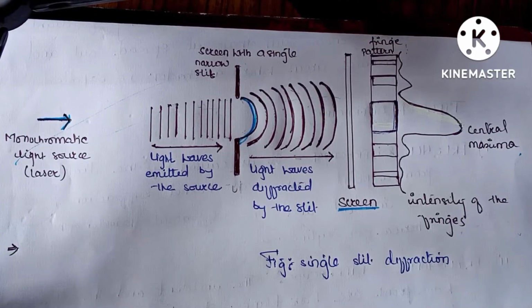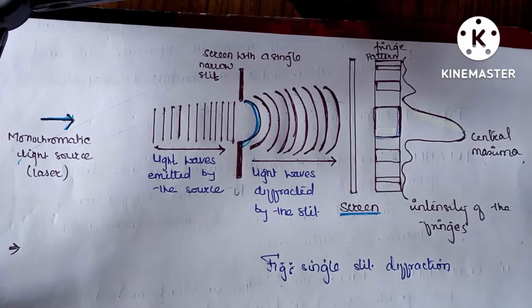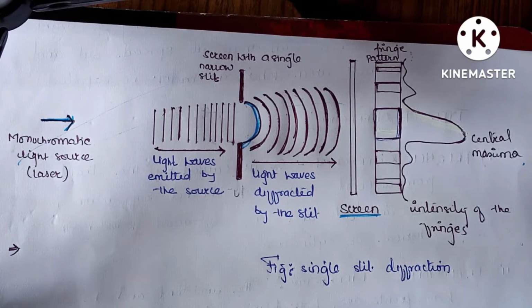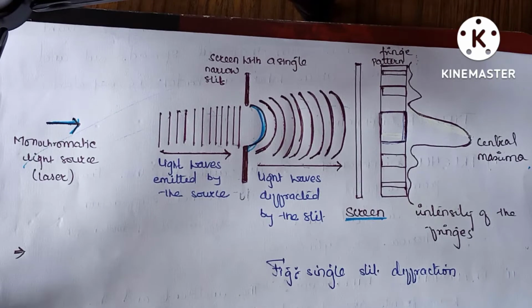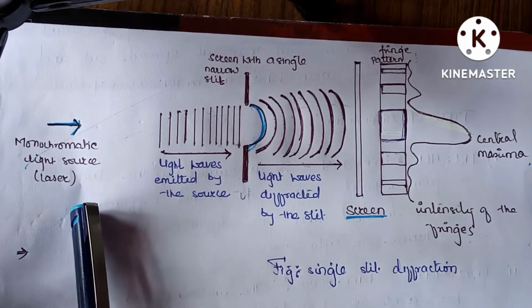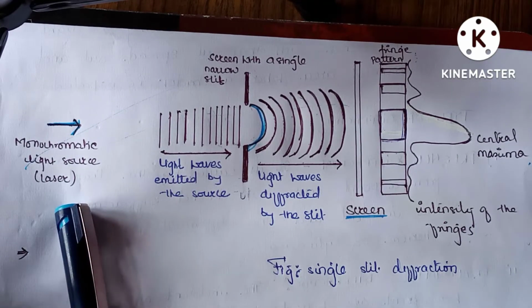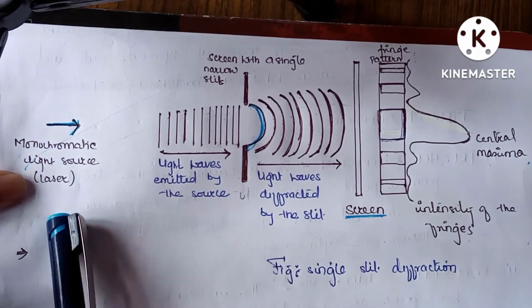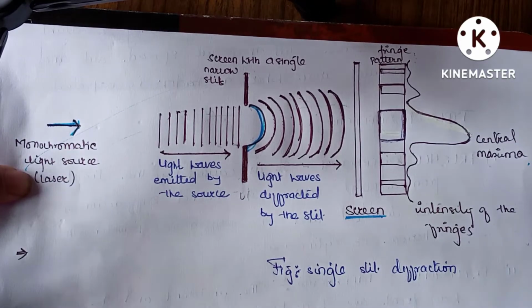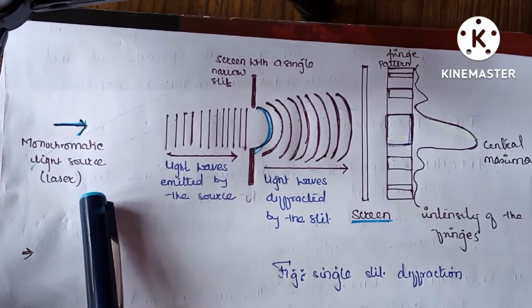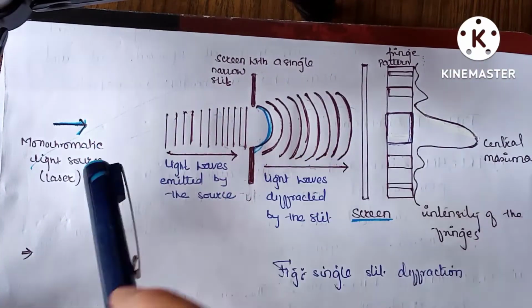Now you can see here the figure of the single slit diffraction. Here you can see a monochromatic source of light. Please note that the source should be monochromatic, that is, of a single wavelength.